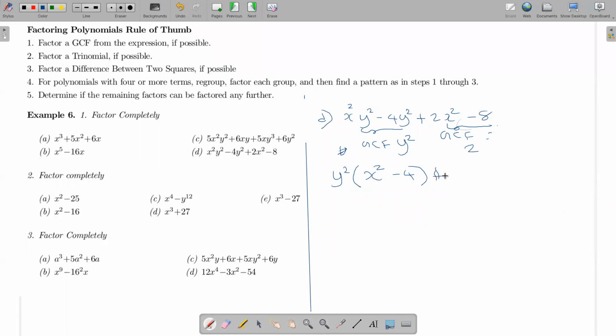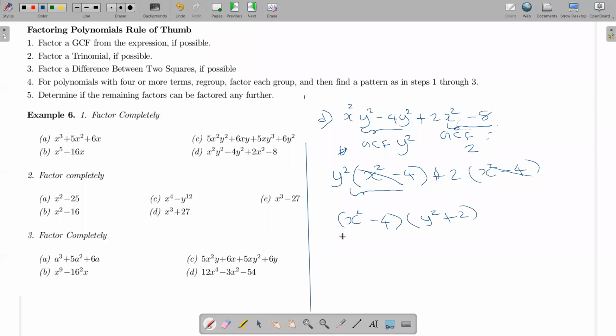So here I pull the plus 2 out, x squared minus 4. Now this x squared minus 4 is common, I pull it out. Here I am left with the y squared plus 2.